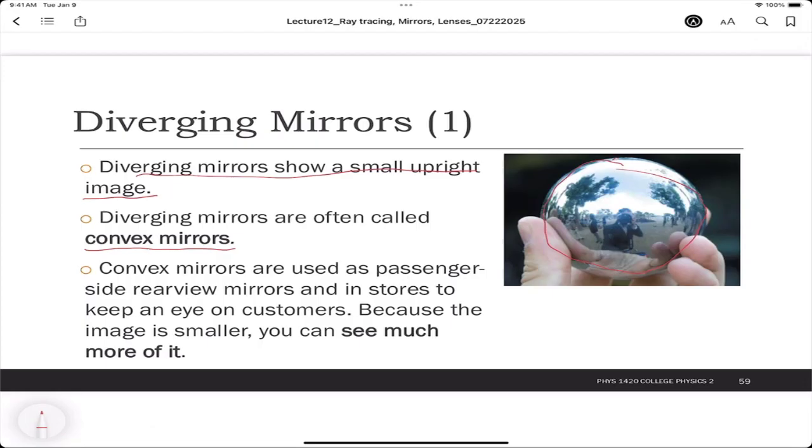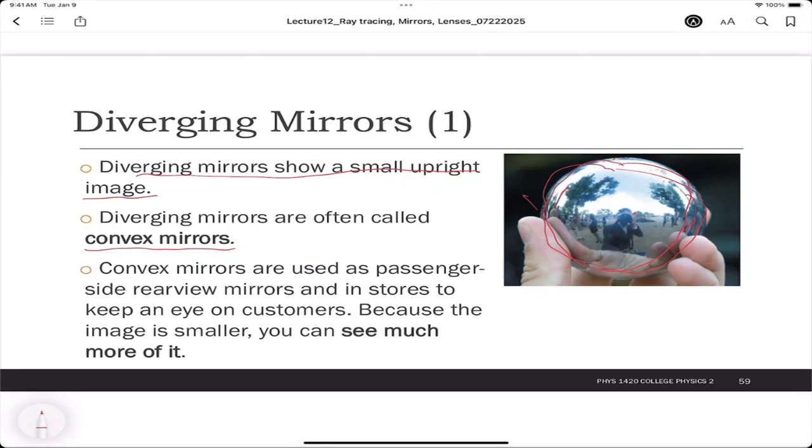Convex mirrors are used as passenger side rear view mirrors, and if you observe your car's outside front mirror, you will see it is a convex mirror. Actually it can see more things, but it is smaller.